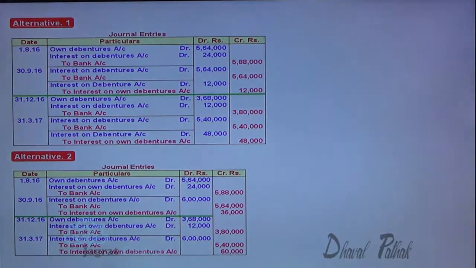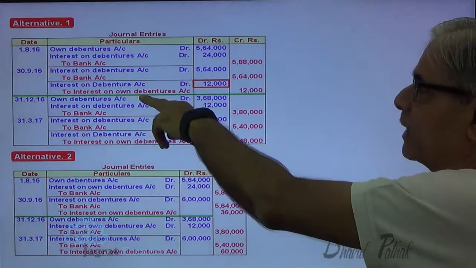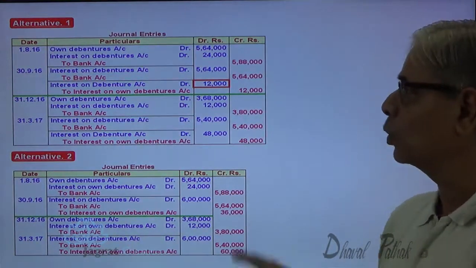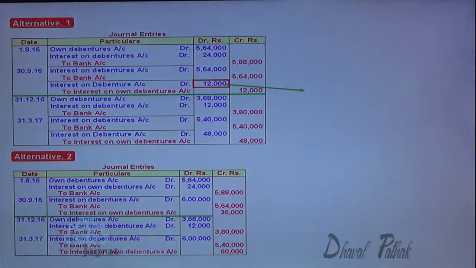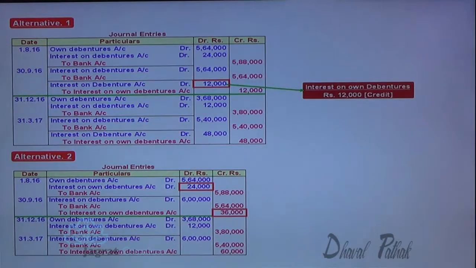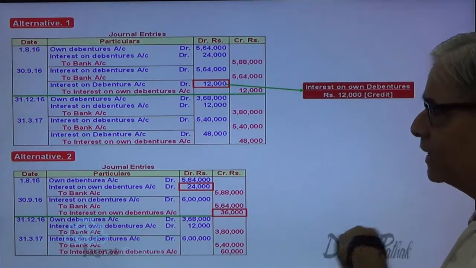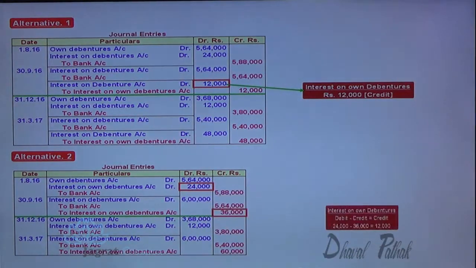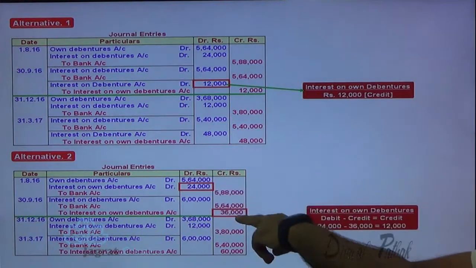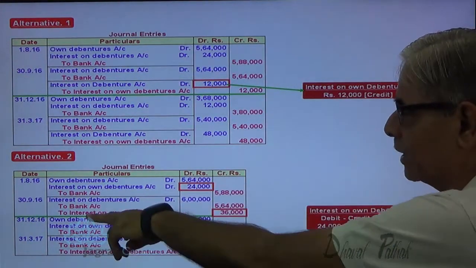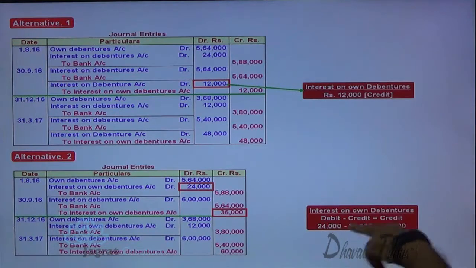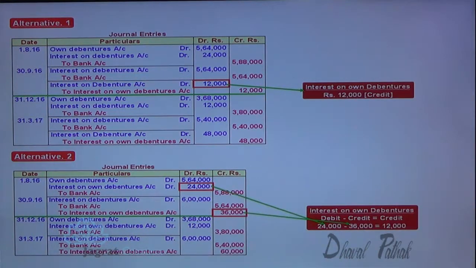That's an important point I wanted to emphasize. Now next, interest on debentures account debit to interest on own debentures account. So own debenture interest account is to be credited with 12,000. Here also 12,000 is credited, but it is by way of difference. Total debit 24,000, interest on own debenture 36,000. So 24 minus 36, 12,000.